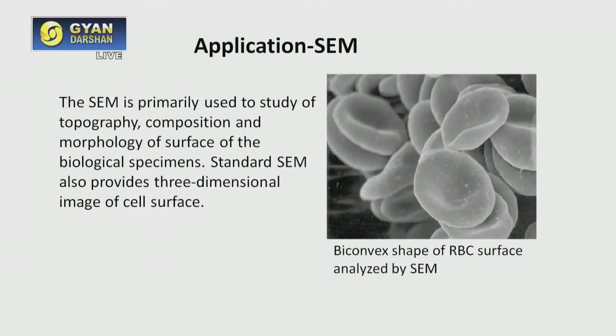And this is the image of blood cells, which show a biconvex shape. This biconvex shape of the blood cell surface is produced by the scanning electron microscope. And with different kinds of objects, we can analyze the surface of biological cells or membranes here.